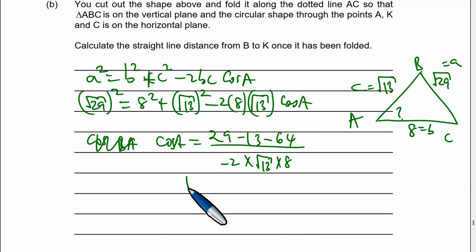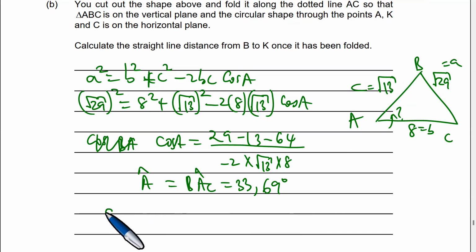Which means that you have BAC is equal to 33,69 degrees. So this angle A is equal to BAC, which equals that.